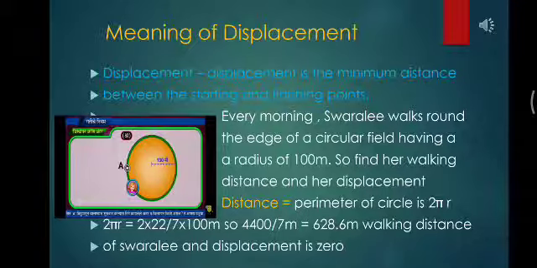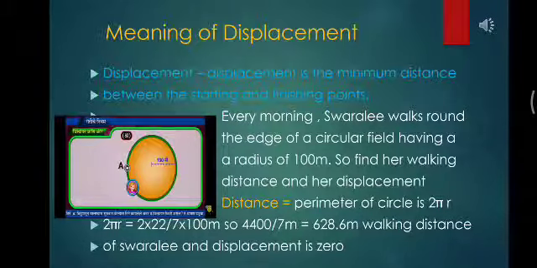We find the perimeter with the formula 2 pi r. By using the formula 2 pi r, we found the walking distance of Swarali, which is 628.6 meters. This is Swarali's walking distance, and her displacement is 0. Why her displacement is 0, we will see in the next slide.